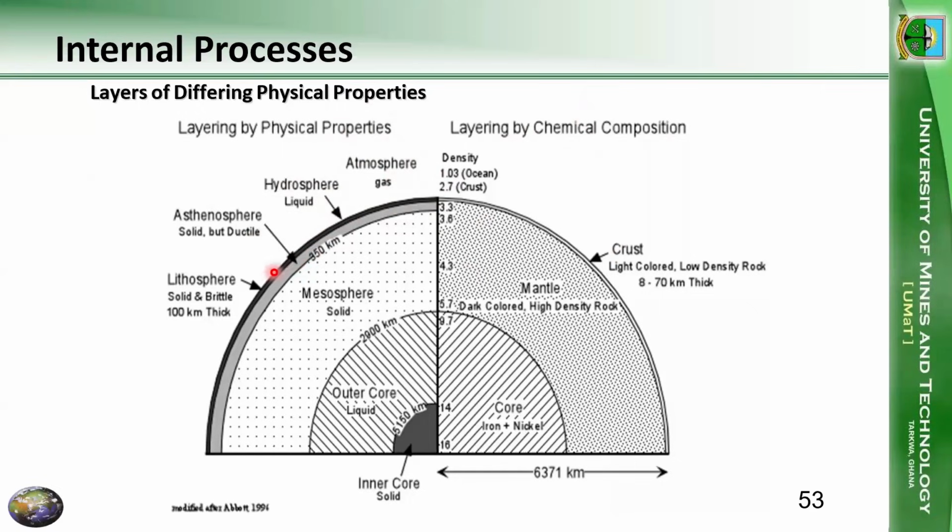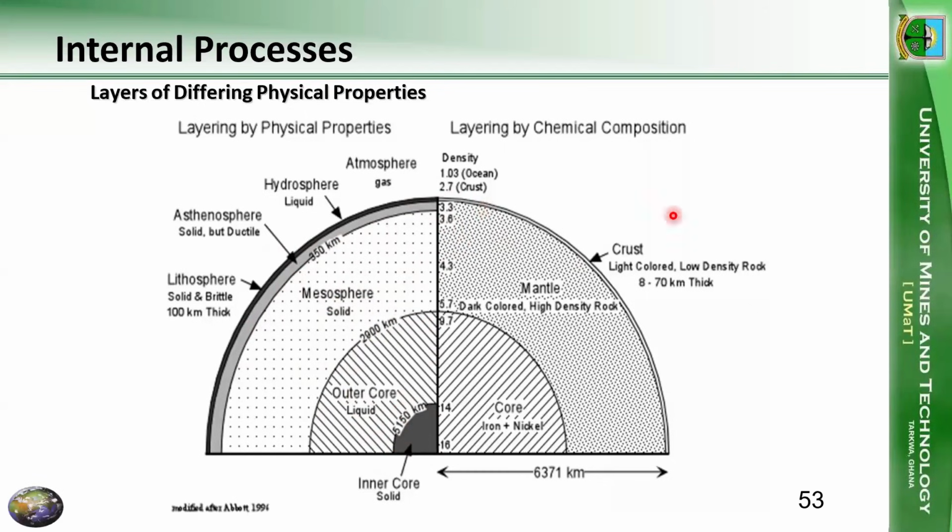The lithosphere is a specific layer between the lower crust and the upper mantle. Beneath that, in the mantle, we have the mesosphere, which is more or less the mantle. And then the outer core, which is liquid, and the inner core, which is solid.